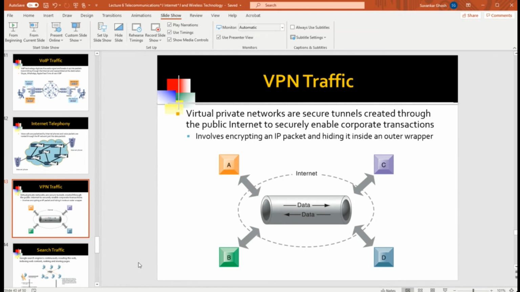And then the packets being sent on that tunnel are encrypted. Unless you have the key to decrypt the packet, you won't be able to see what's in the packet. So it's simulating a private network.